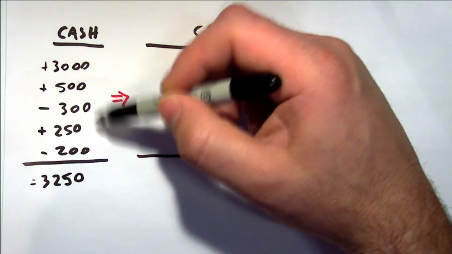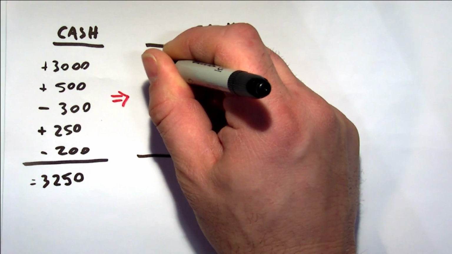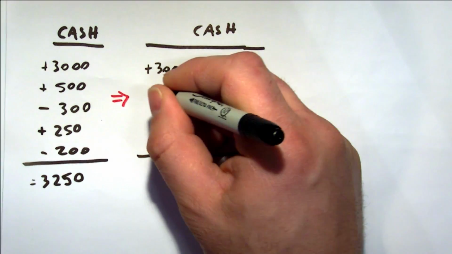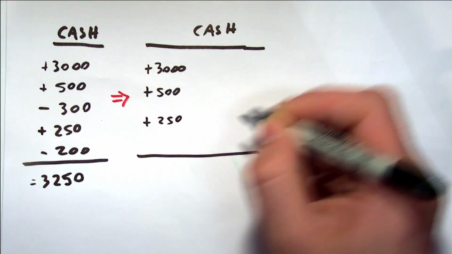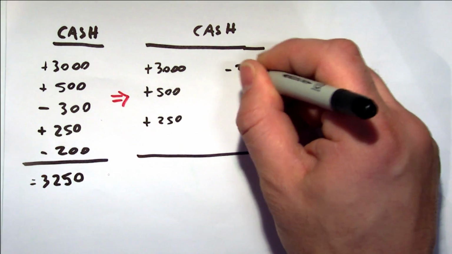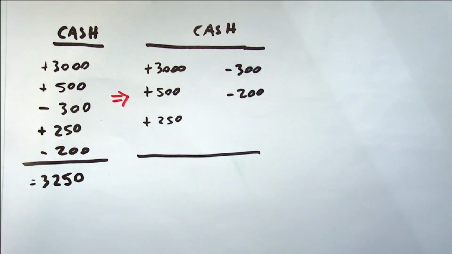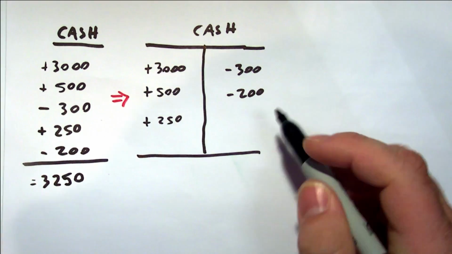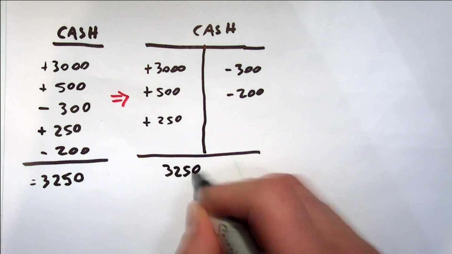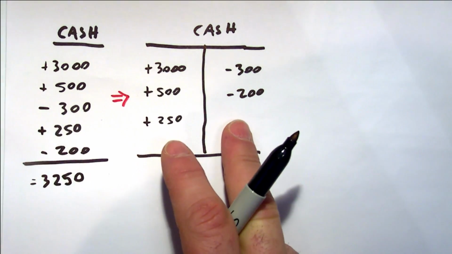Instead of putting it all in one column, can I put the increases on this left side and the decreases on the other side? Would you allow me to do that? Okay? And, matter of fact, I'll draw a line between these to separate them. Now, what's the balance of this account? It's still $32.50, is it not? You with me? Okay, so you understand the transition from this to this?